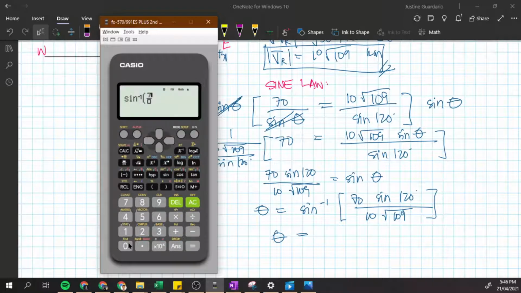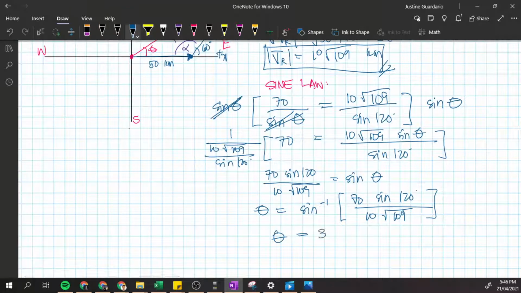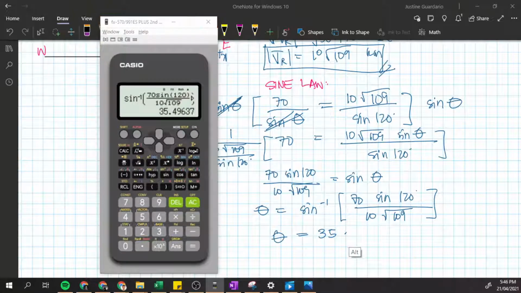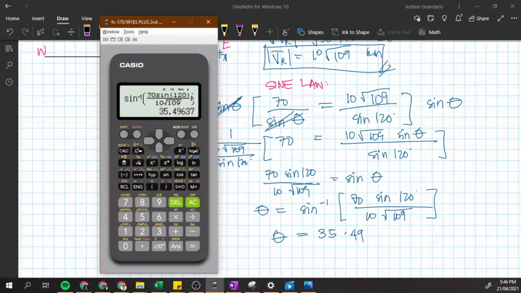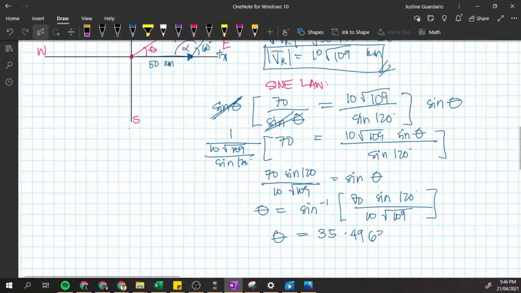Tapos, I have here 70 sine 120 over 10 square root of 109. Okay? That will give us 35.4949637 degrees. This will be our direction of our resultant vector.